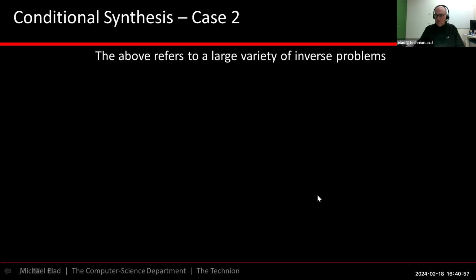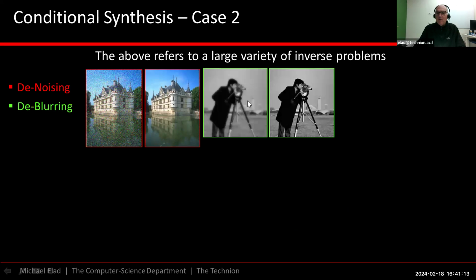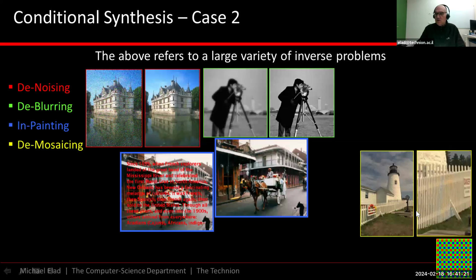And just to give you the broader picture, there are many, many inverse problems. Denoising is an inverse problem. You are giving me this noisy image, and I'm supposed to give you a clean and crisp looking image that explains it, in the sense that the difference between the two looks like white Gaussian noise. Or deblurring, where I'm getting the blurry version of the image with noise and I'm trying to recover the image, or inpainting, where I'm filling in the missing values, or the mosaicing.